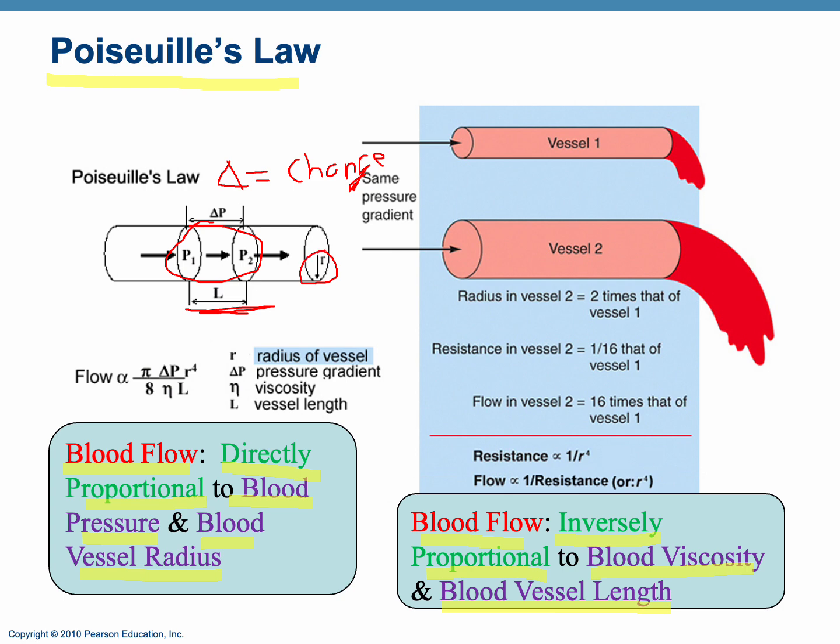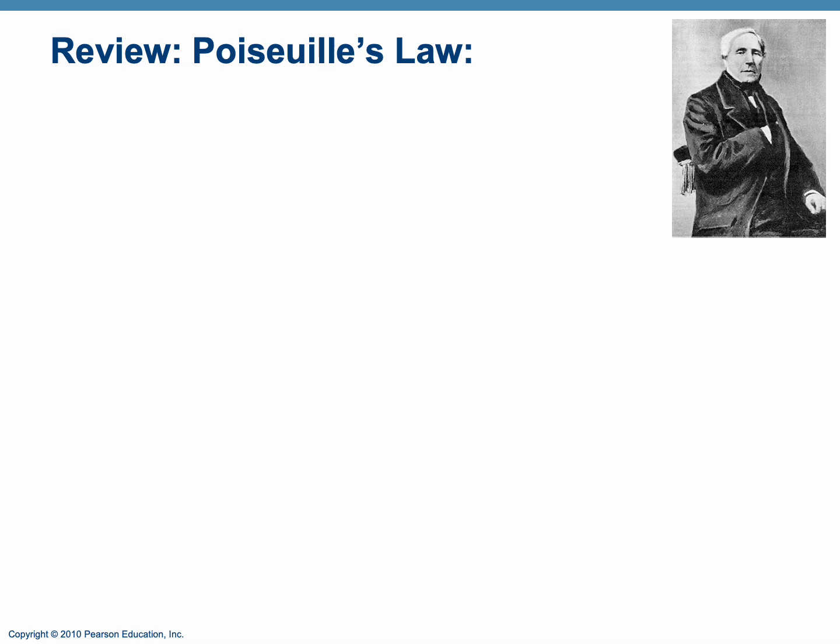All right, so let's review this law. I want to make sure we have a good understanding of how to use Poiseuille's law here. So here we have the equation.